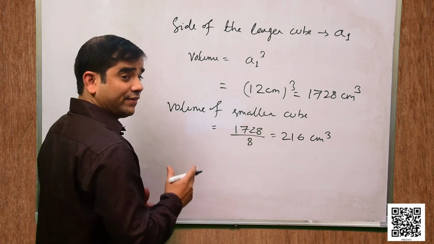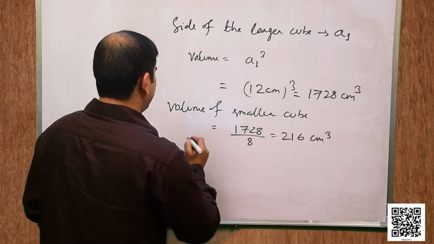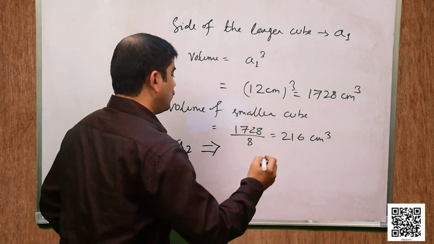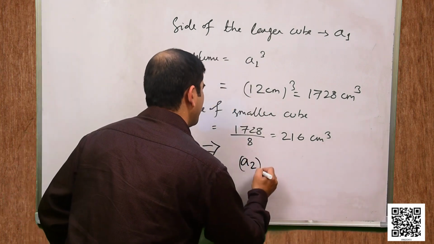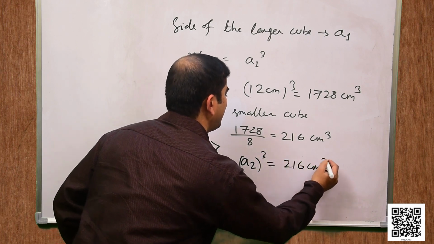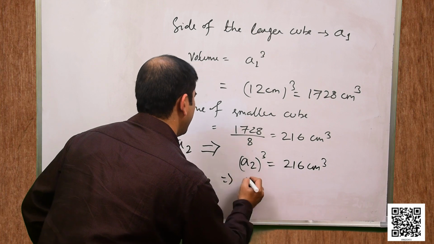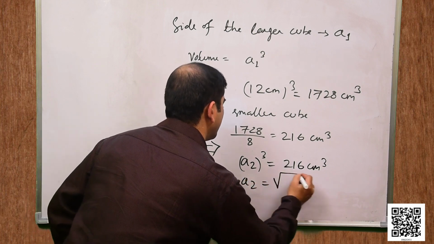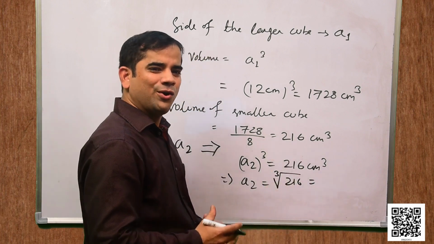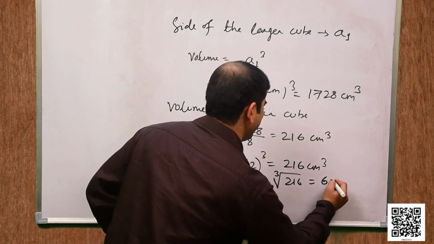So, if the edge of the cube is taken as A2, now we have found that A2 cube is equal to 216 centimeter cube. That means A2 is equal to cube root of 216, that is equal to 6 centimeter.